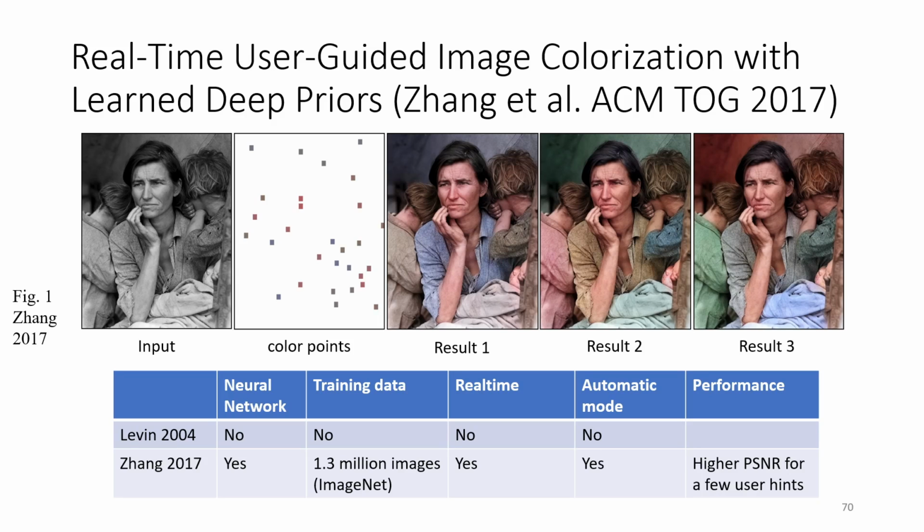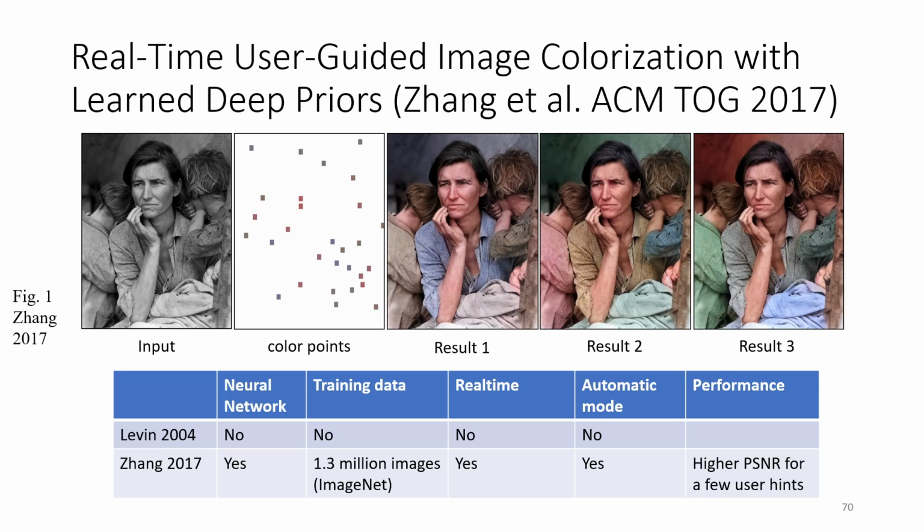Okay, so let's do some superficial comparison. Levin's paper doesn't use a neural network, but Zhang's paper uses a neural network. And because it uses a neural network, it requires training data. So how much data does it use?